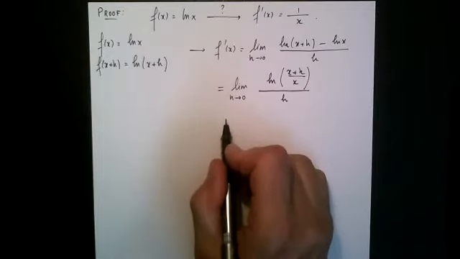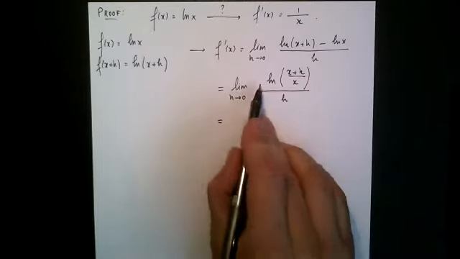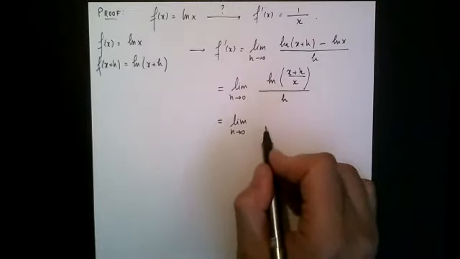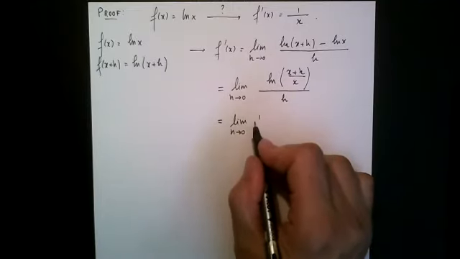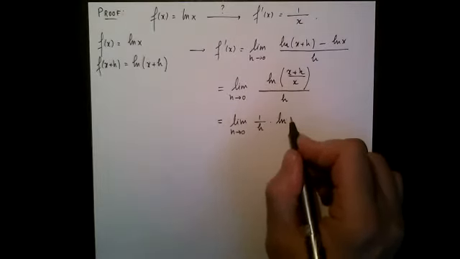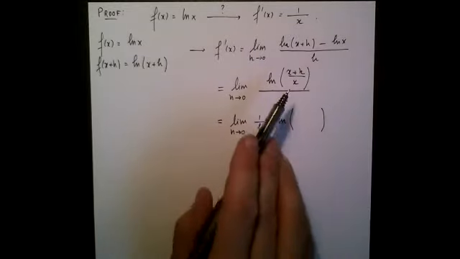Then I'm just going to fix it a bit. Instead of dividing by h, I will multiply by 1 over h. So limit as h approaches 0, instead of over h, I'm going to write 1 over h times the ln. Same thing. And the inside, I'm going to fix it a bit.